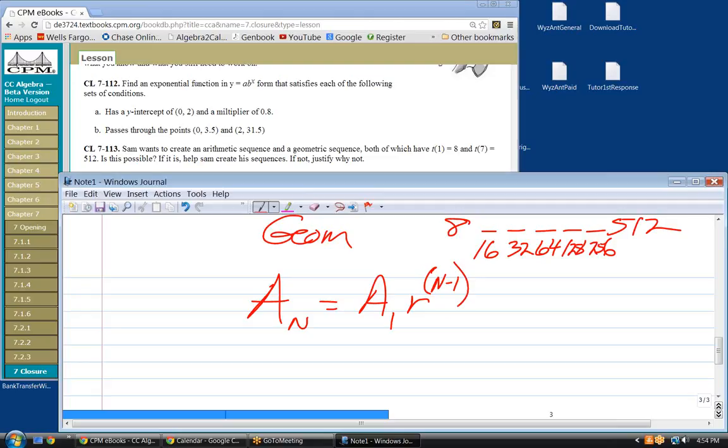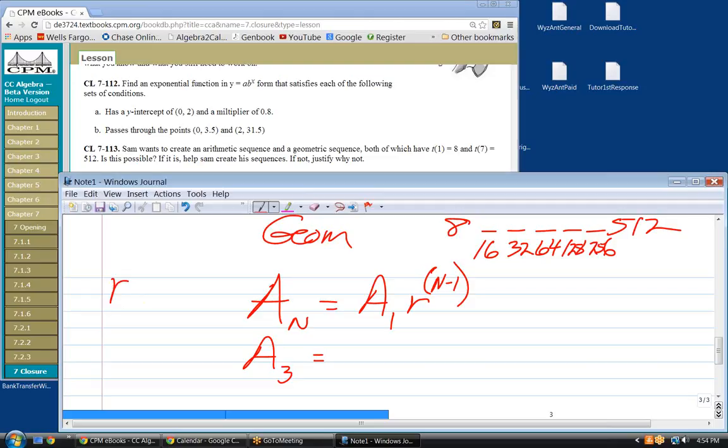So let's go through. How would we get the third term? If we didn't have it written there, and I just told you it was a geometric sequence where 8 was the first term, what's the common ratio? What's R? You get R by taking any term and dividing it by a previous term.